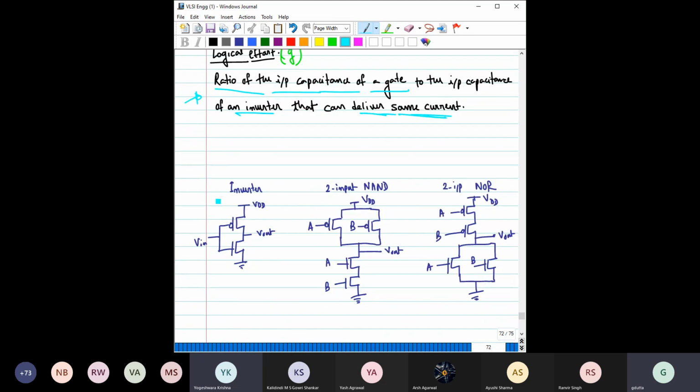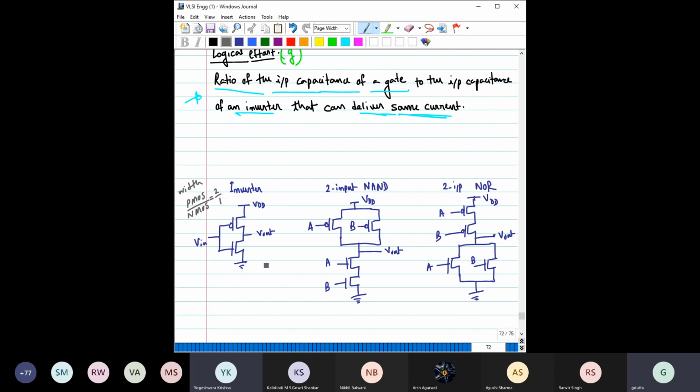So let's consider one inverter, which you can see here. For a particular technology node, the ratio of the PMOS and NMOS widths has to be 2:1, because you need a symmetrical VTC, with equal fall time and equal rise time.